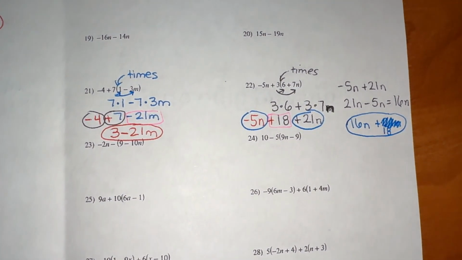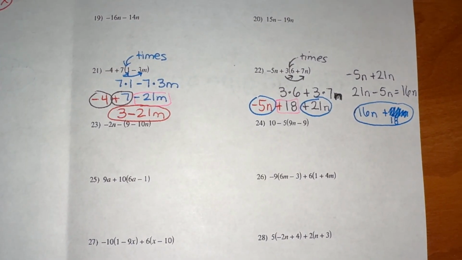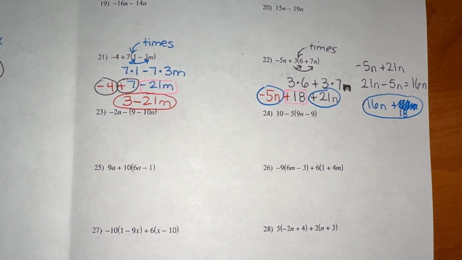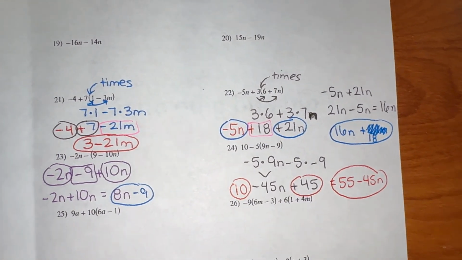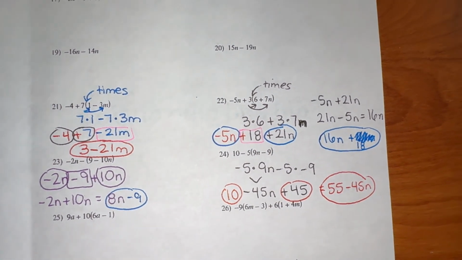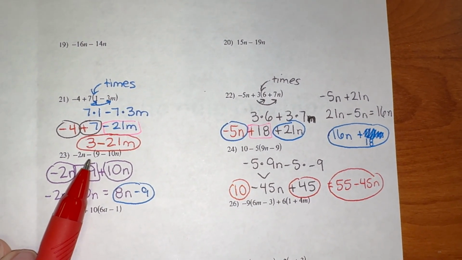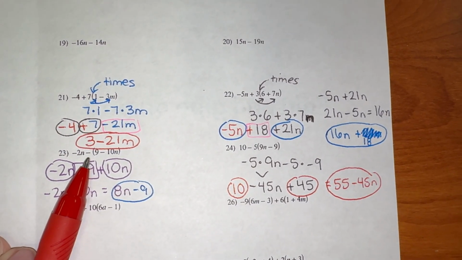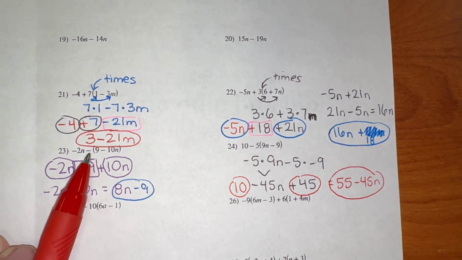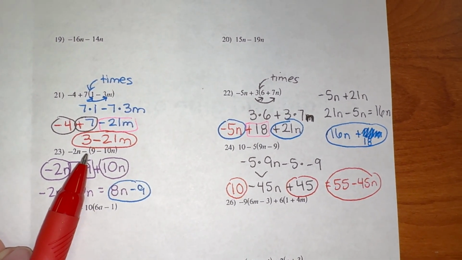All right, go ahead and try question 23 and 24. Pause your video, come back and check your answers. All right, those two questions were a little tough, so hopefully you did okay. Now for 23, all you're doing there is having a negative, like it's an invisible 1 in front of that parentheses.